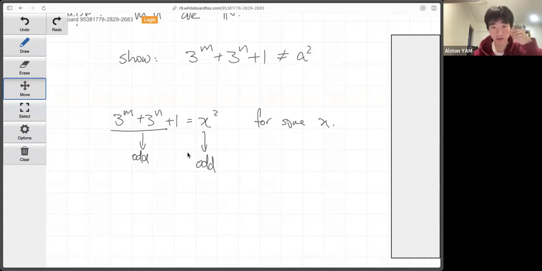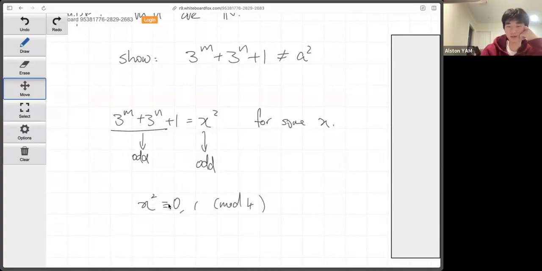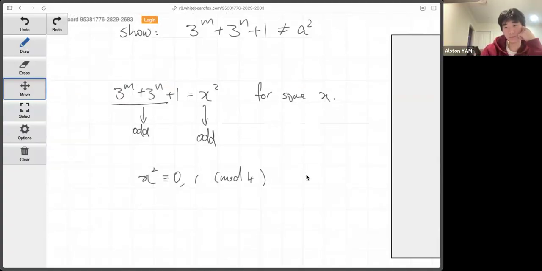Remember how I said all the way back at the top, x squared is only congruent to 0 or 1 mod 4. While here, if we look at it under mod 4, the right will always be 1, because x is an odd number, and odd squared will always be 1 mod 4.